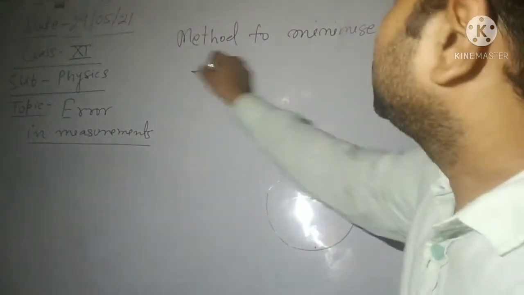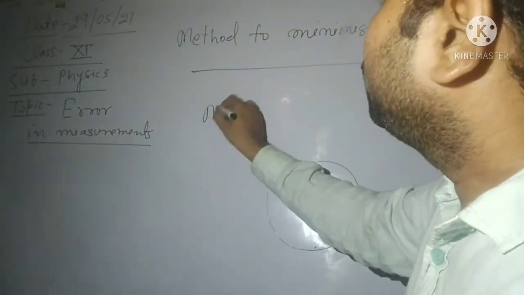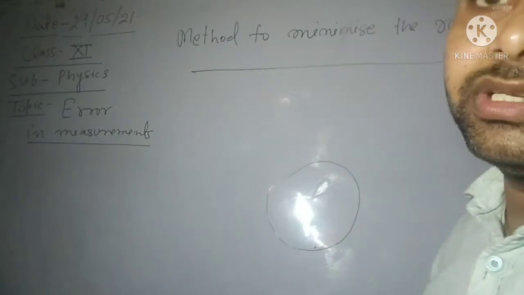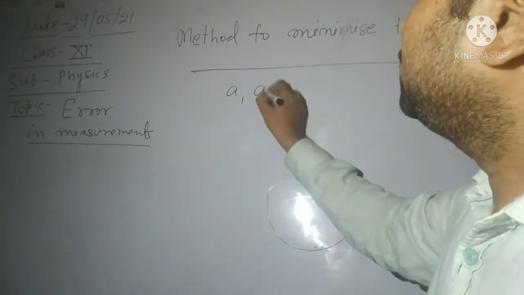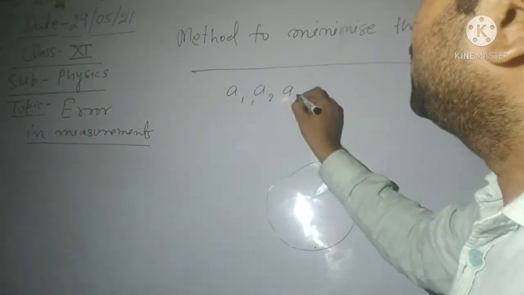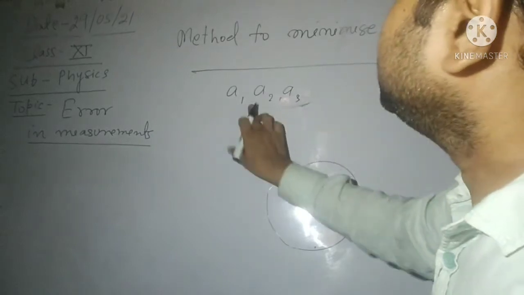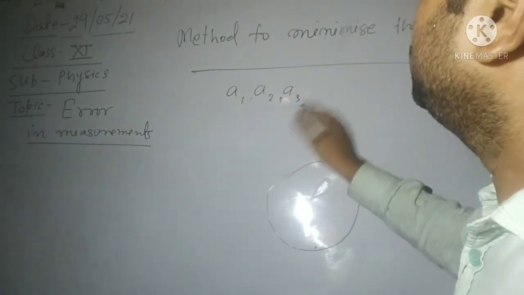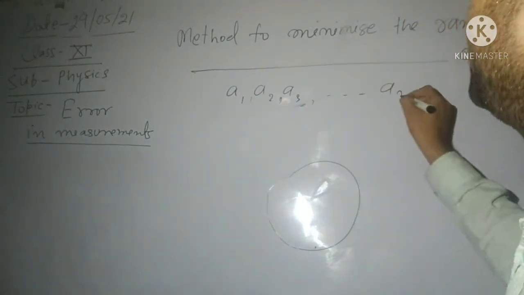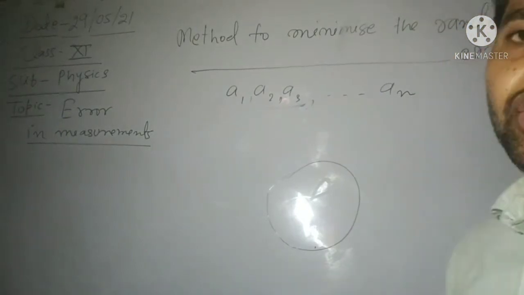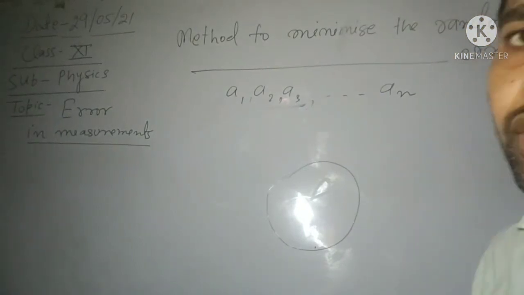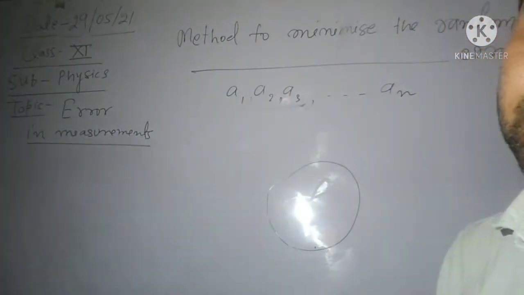Okay. So this is the method. Suppose the observations are A1, A2, A3, ... AN. These are the observations. How many observations are there? N observations.